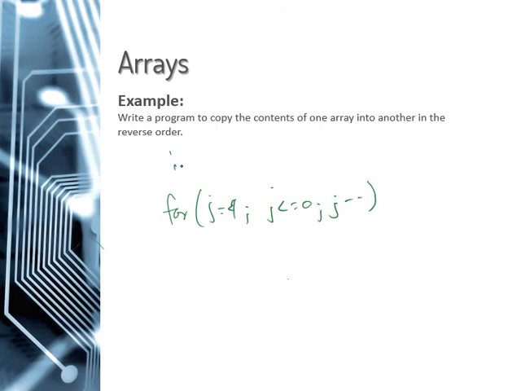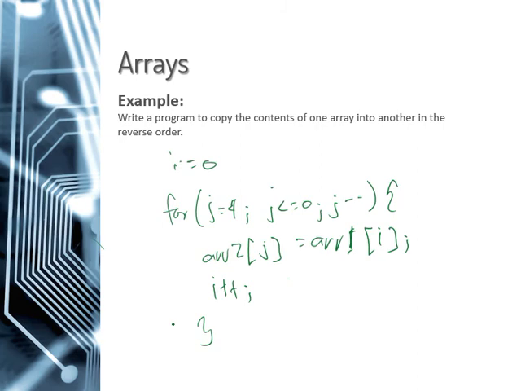And then outside here, we have our i that is pre-declared as 0. And in this one, r2 at index j is equal to r1 at index i. And then i will increment.